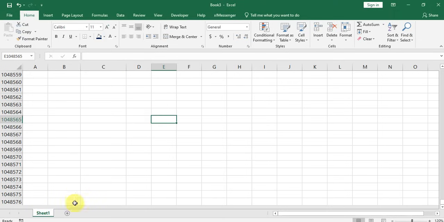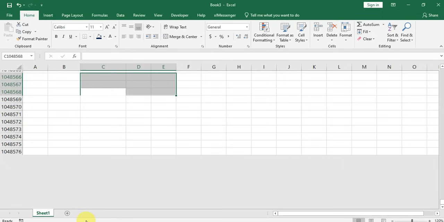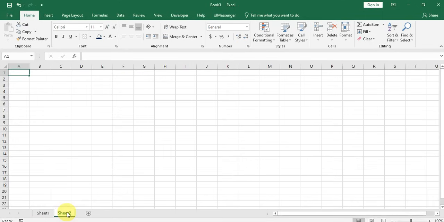No, just come down here and you will see a plus. You can see it says New Sheet. If you click on it, another sheet is added, Sheet2. If you click again, another sheet will be added, and so on, as many as you need.